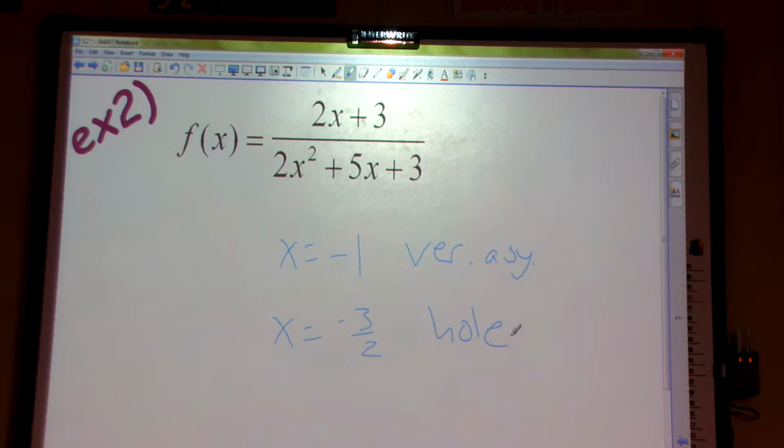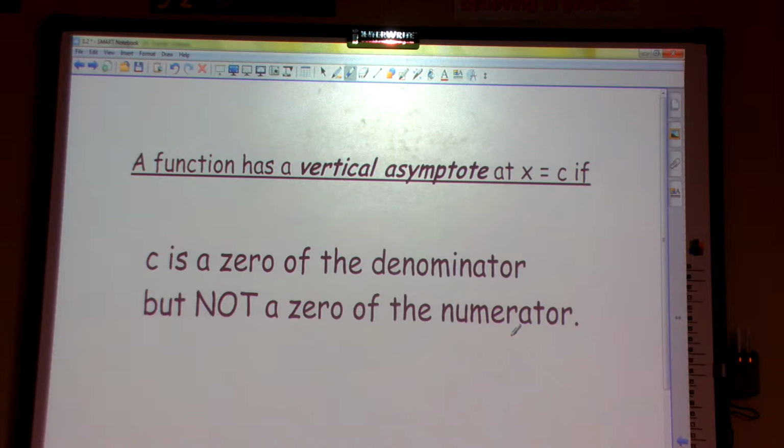So we need a different method. We can do it algebraically. A function has a vertical asymptote at x equals c if c is a 0 of the denominator, but not a 0 of the numerator.